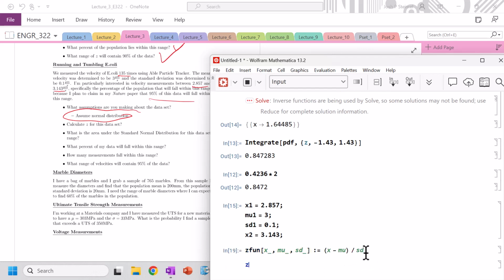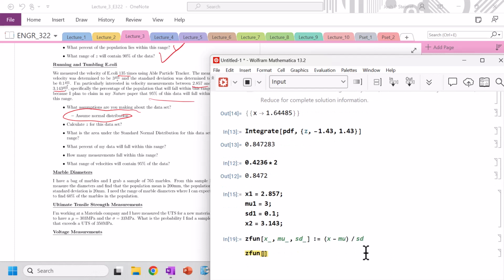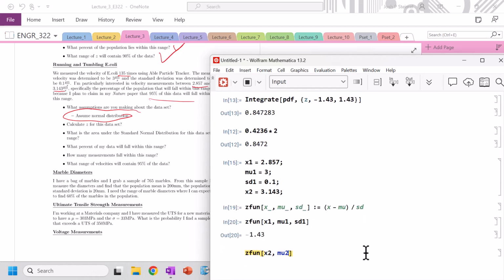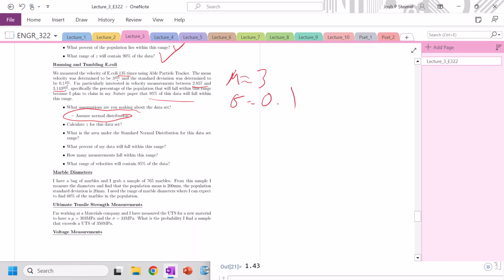So I can now just plug in Z function of X1, mu1 and SD1, and Z function of X2, mu1, SD1, and voila. Same answer as last time, by coincidence or by design. So we know the area is 84.7.